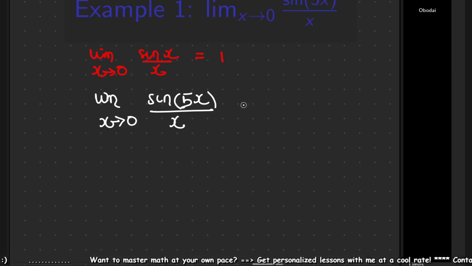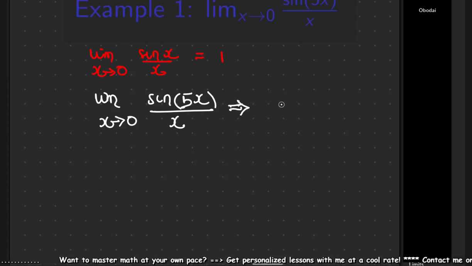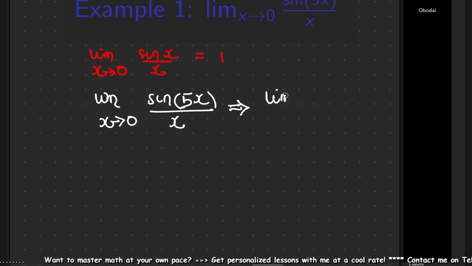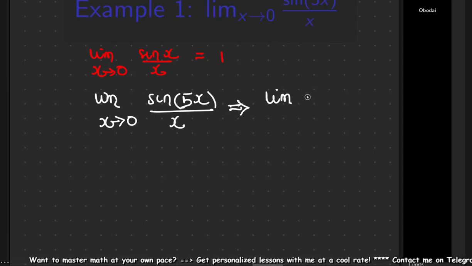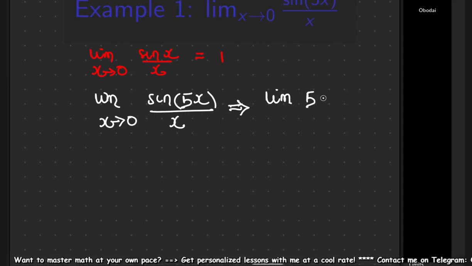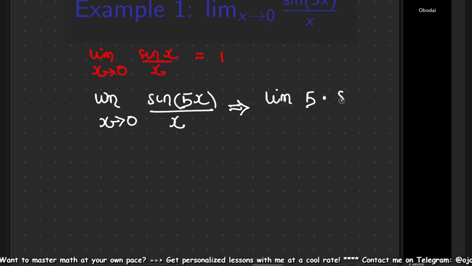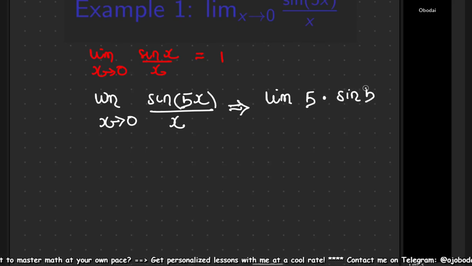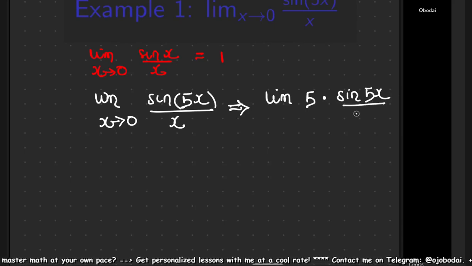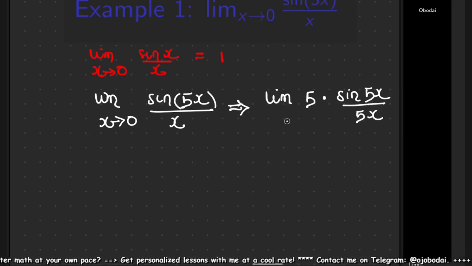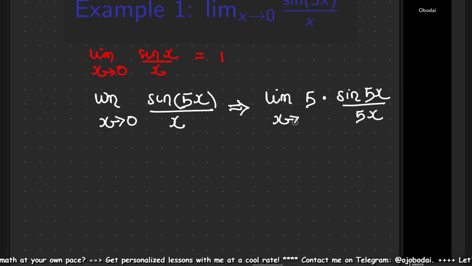So applying that concept in algebra, we are going to rewrite this whole thing as the limit of 5 times sine 5x over 5x as x approaches 0.